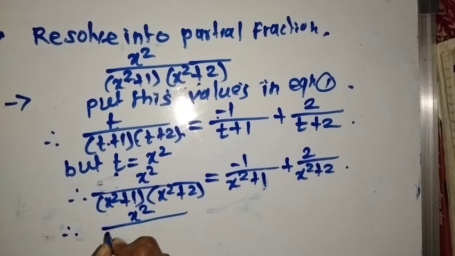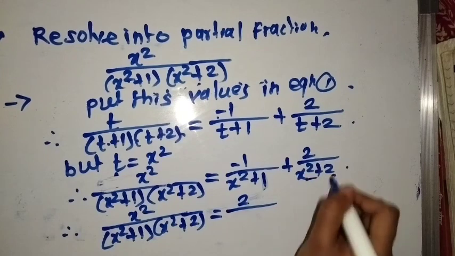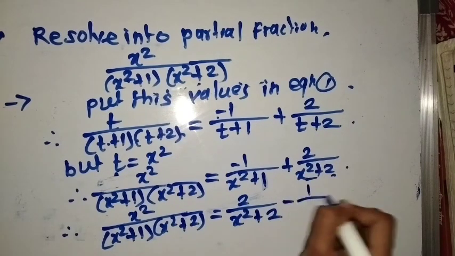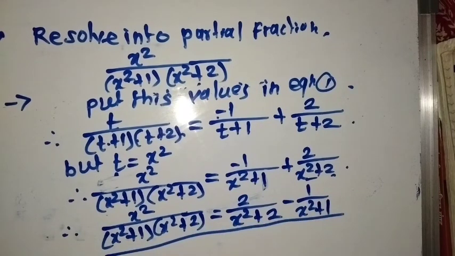Hence we get x square upon x square plus 1 into x square plus 2 is equal to 2 upon x square plus 2 minus 1 upon x square plus 1, which is the partial fraction.